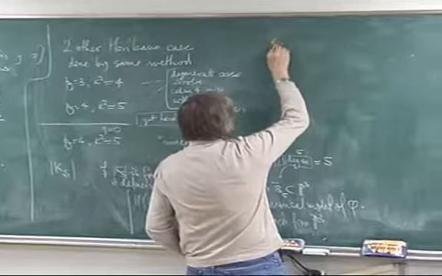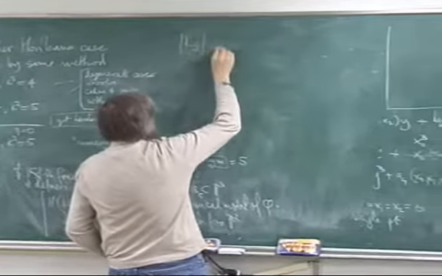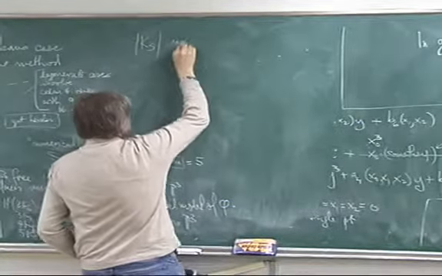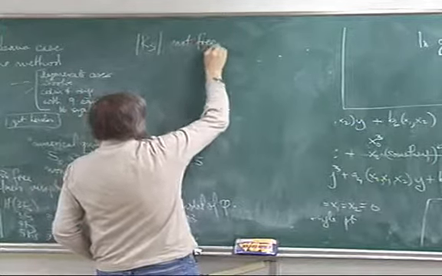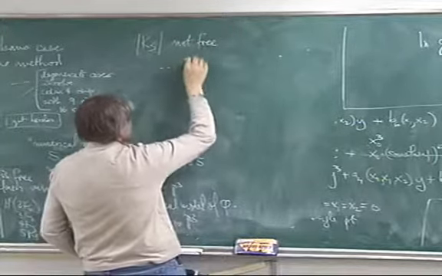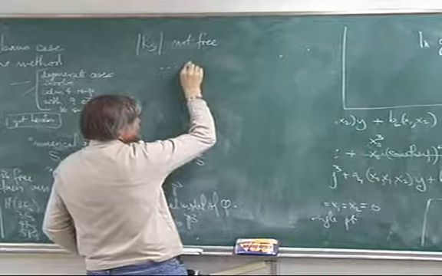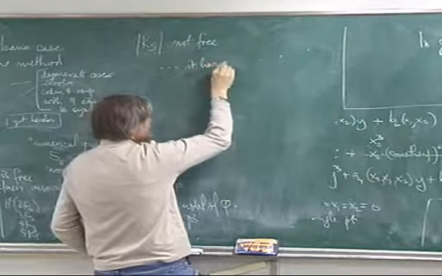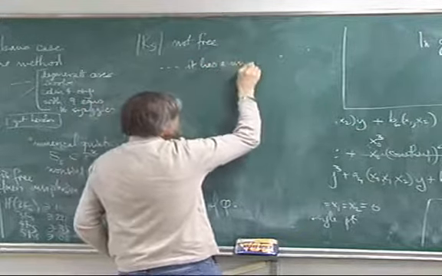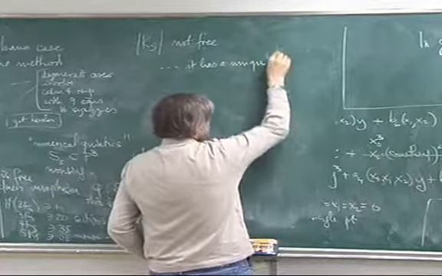So if |K_S| is not free, there's a little argument that I'm not going to worry too much about, saying that it has a unique transversal base point.